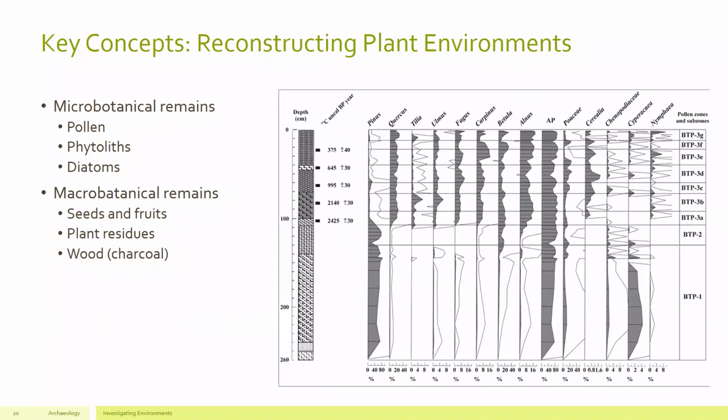And then we can chart these over time, like in this example here, of different types of woods through time and pollen zones that match up very well. This gives us an excellent example of how to fully recreate the plant environment of a region, a pond, an archaeological site, or whatever through time.